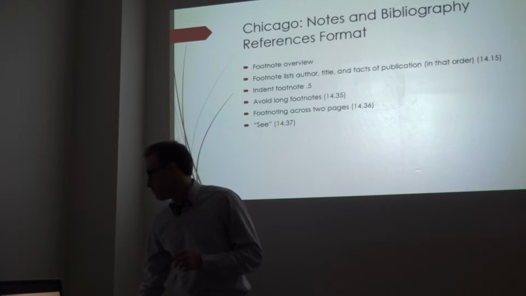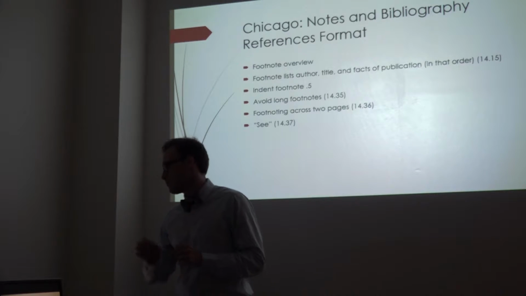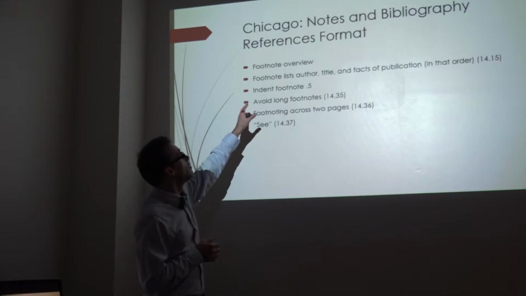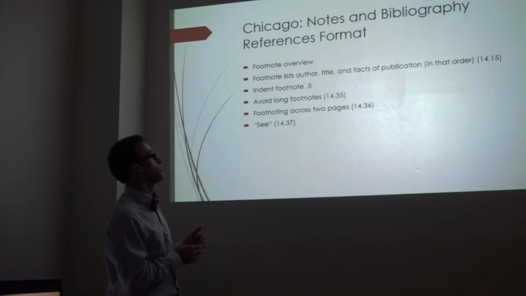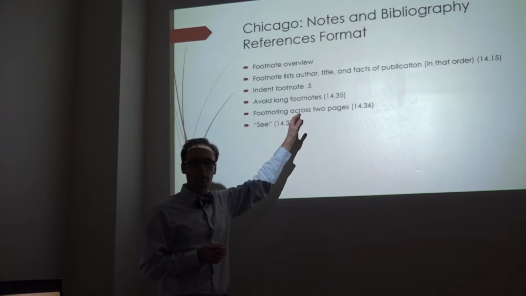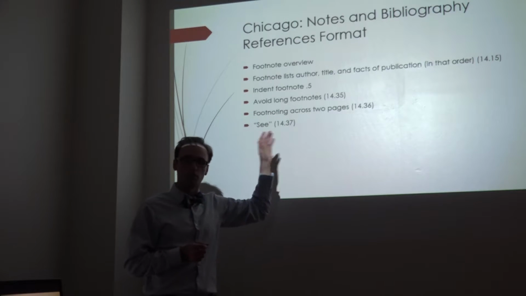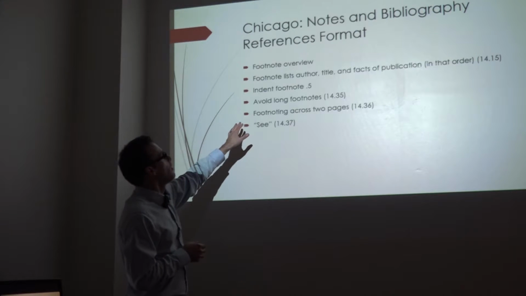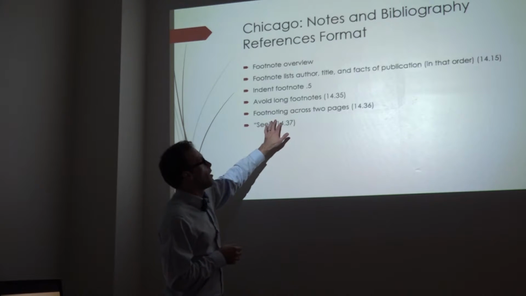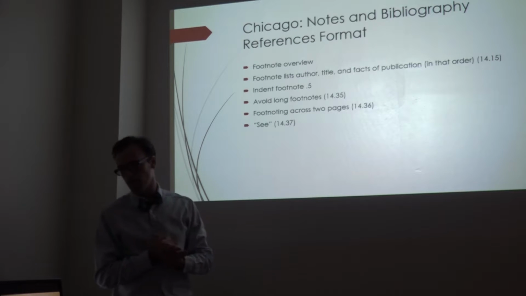But moving on, with a footnote you need to include the author, title, and facts of publication. When you're footnoting, indent by 0.5, a tab indent, avoiding long footnotes whenever possible.